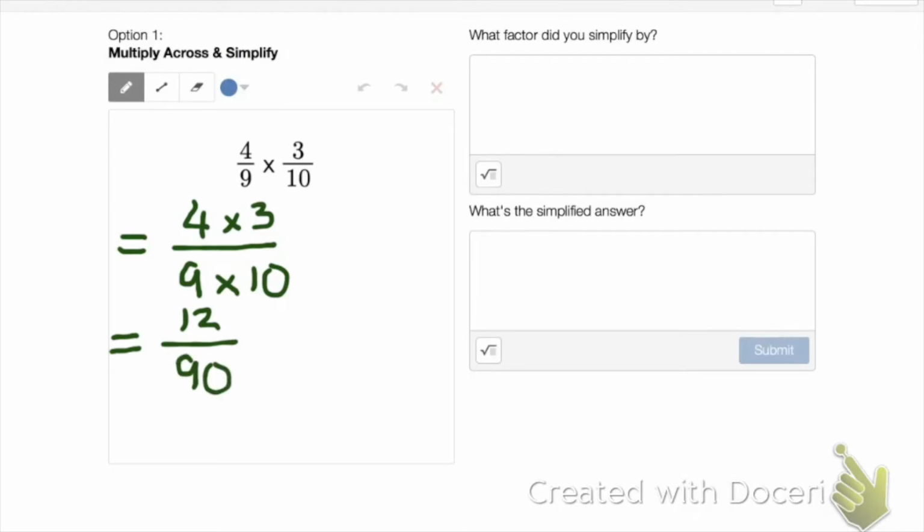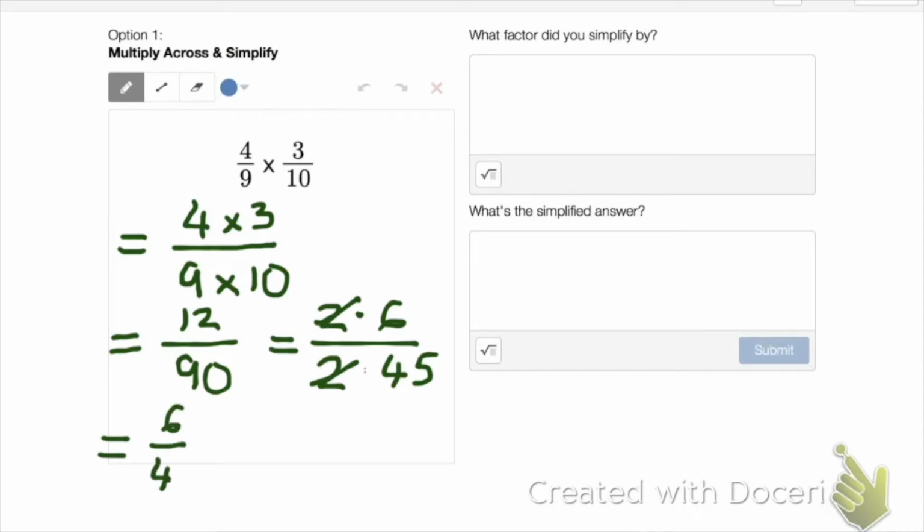Now if you look at 12 over 90, they are both even numbers, right? So that means 2 can go into both of them. We can rewrite 12 as 2 times 6, and 90 as 2 times 45. Now we have 2 on both the denominator and numerator, so we can cancel them out. So we will have 6 over 45.